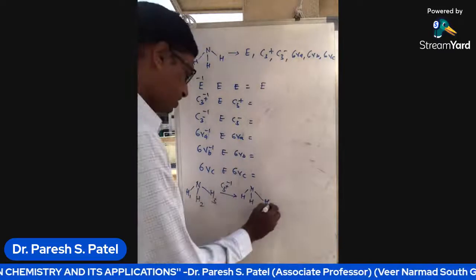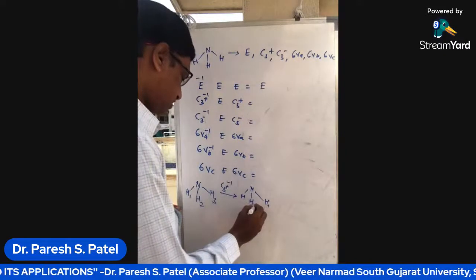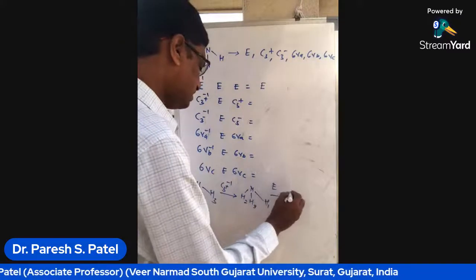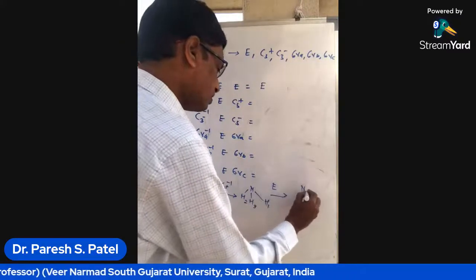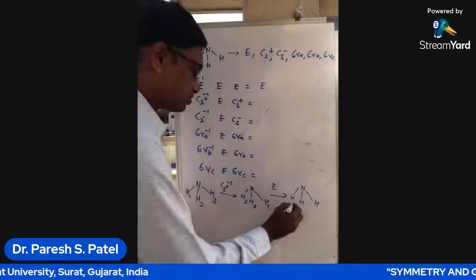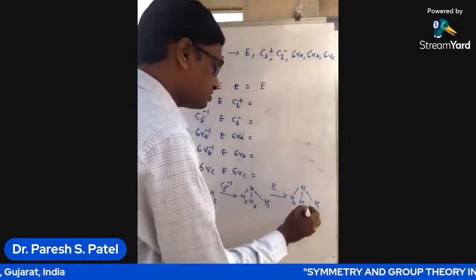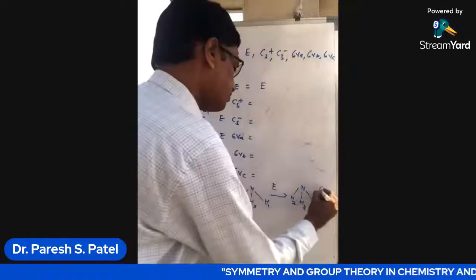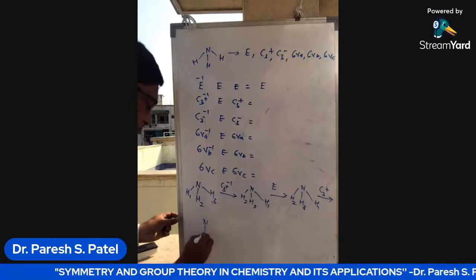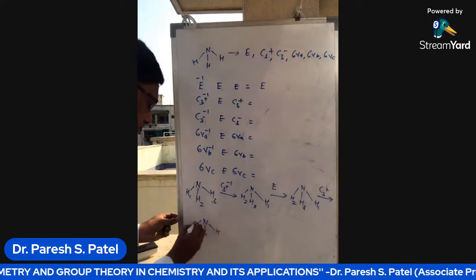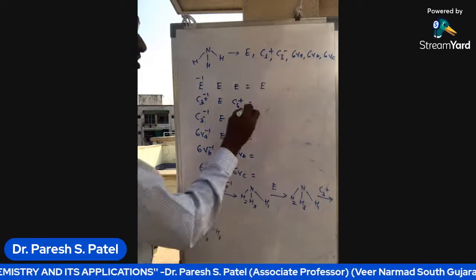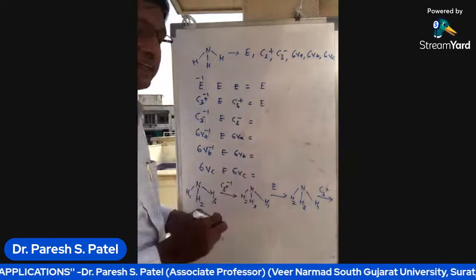So what will happen over here? 1, 3, and 2. Again identity. So by operating the identity symmetry operation, there is no change in the position of the hydrogens. Again C3 plus gives 1, 2, 3. It means again the answer will be the identity.